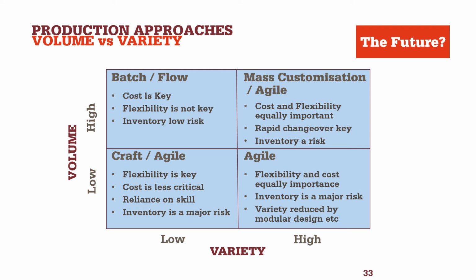And if we bring that all the way back to where we started, the expectation is people are going to want highly individualized, unique products, but at the same cost and quality and levels of performance and lead time that they've come to expect from today's high volume mass production world.